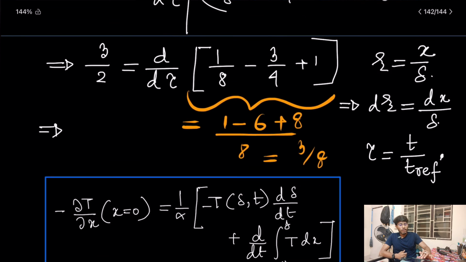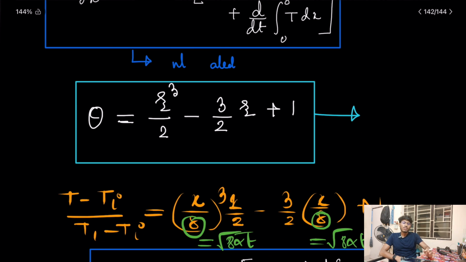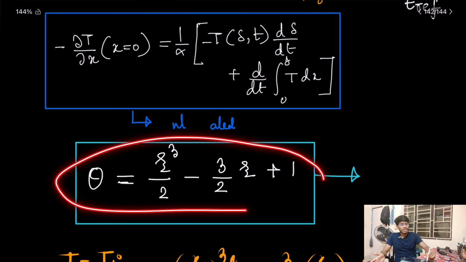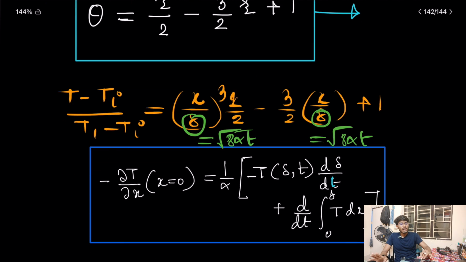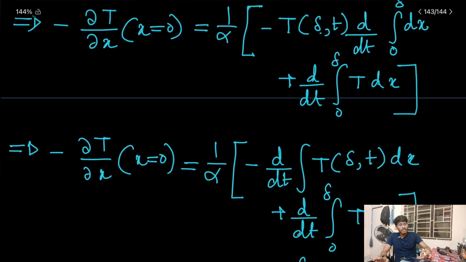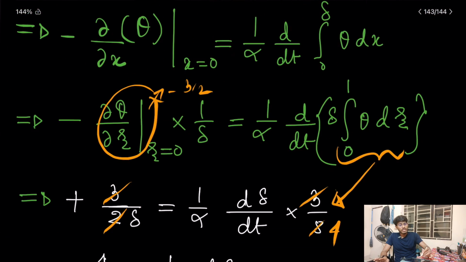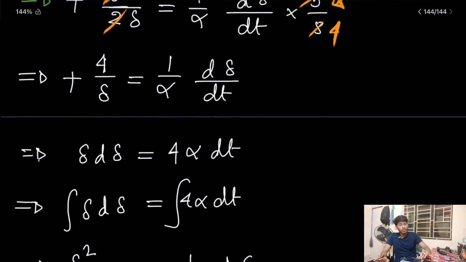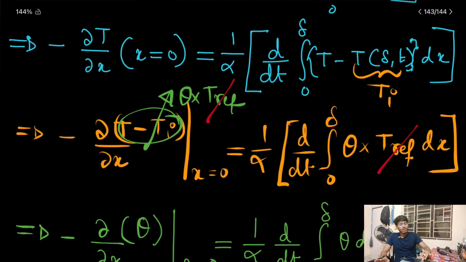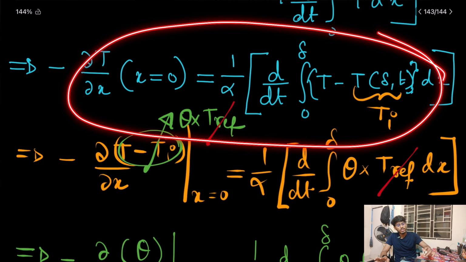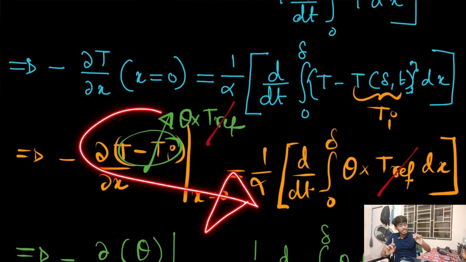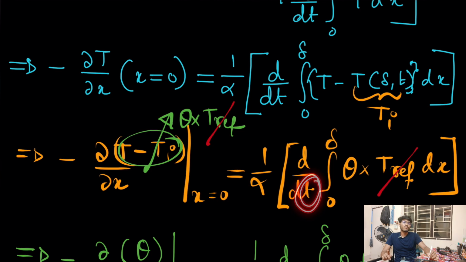So you define theta and psi and tau. Tau does not matter here. You just define theta and psi, and you get your temperature profile like this. Now the moment you have your temperature profile, you put it into your integrated governing equation. Here I have converted this dimensional governing equation into its non-dimensional form, but this T is not converted into tau.